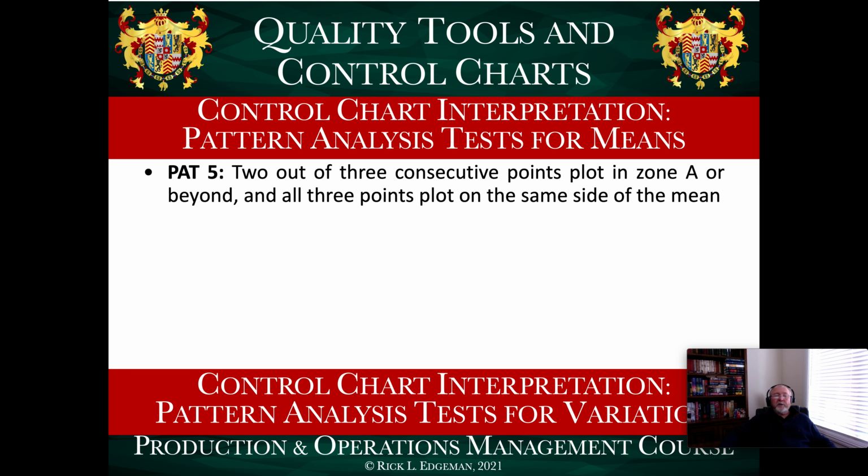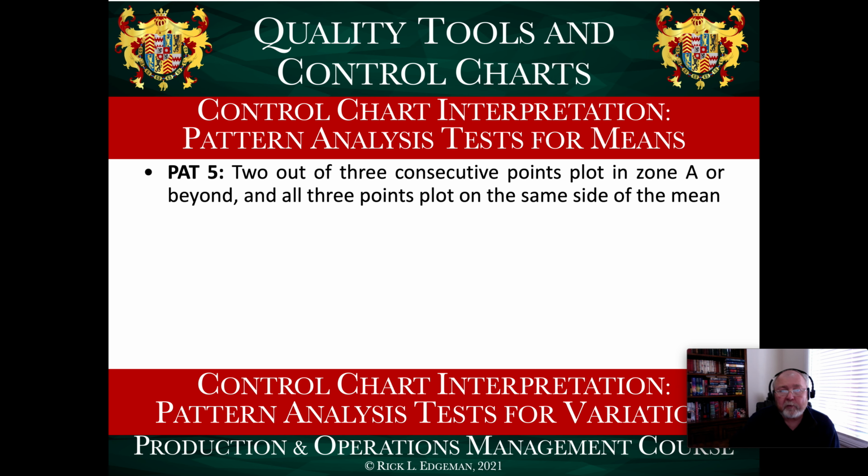And beyond zone A, which would be anything that is either above that upper red line or below the lower red line. Okay. So pattern 5 says that you've got 2 out of 3 consecutive points, all of those points on the same side of the mean, and 2 of them happen to be in zone A or beyond. Well, that is a really rare pattern.